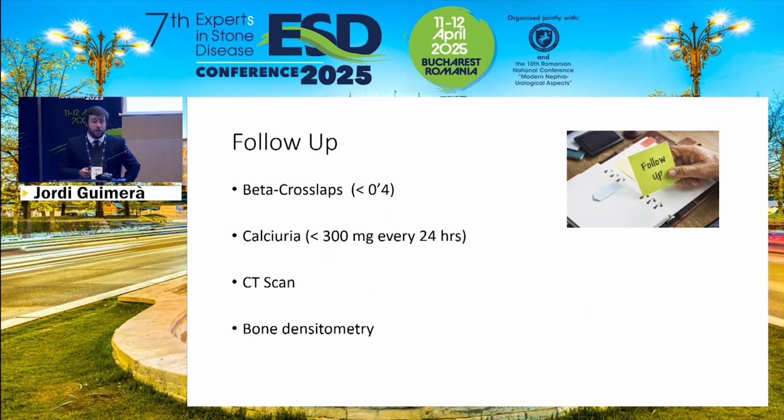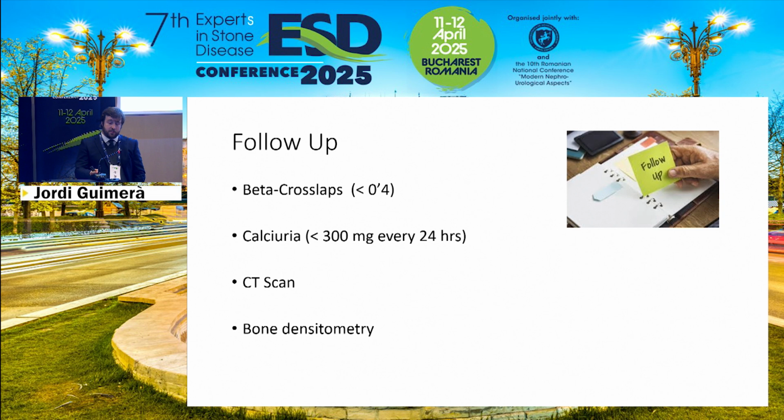Also the calciuria. In strong cases, it's difficult to put the level of calciuria under 300, but it can be possible. And if you have the patient under 200, it's fantastic. Then you can perform annually a CT scan to check what's going on with the stones, and bone densitometry.